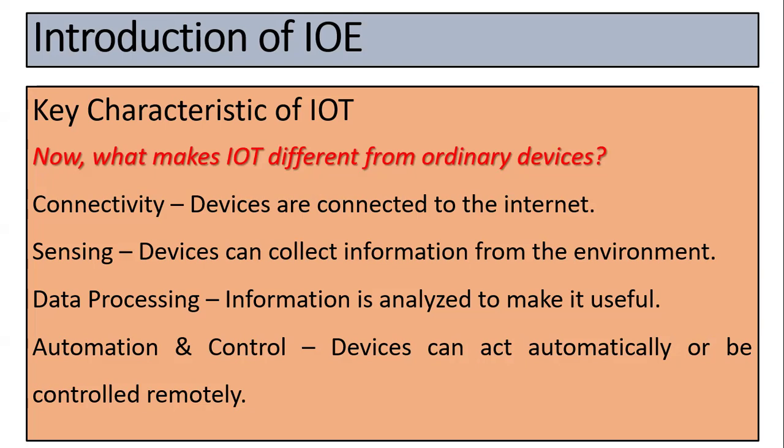Then data processing. Information is analyzed to make it useful. Automation and control. Devices can act automatically or be controlled remotely. So this is a very important IoT characteristic which helps differentiate it from ordinary devices.